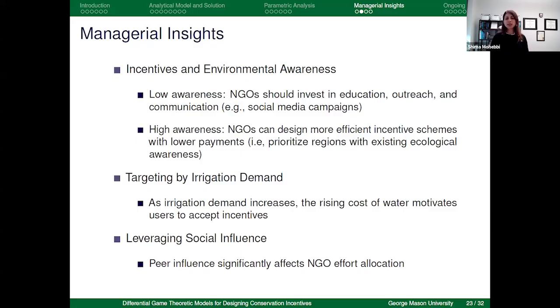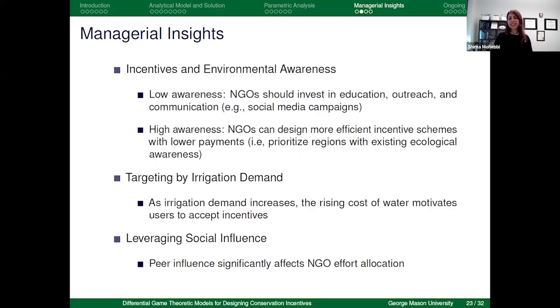So actions could be environmental education, collaborative learning, and social media campaigns, and the outcome could be higher participation and reduced risk, and at the end, better resilience to drought seasons. For the high awareness scenario, NGOs can design more efficient incentive schemes with lower payments. The recommendation is to prioritize regions with existing ecological awareness.